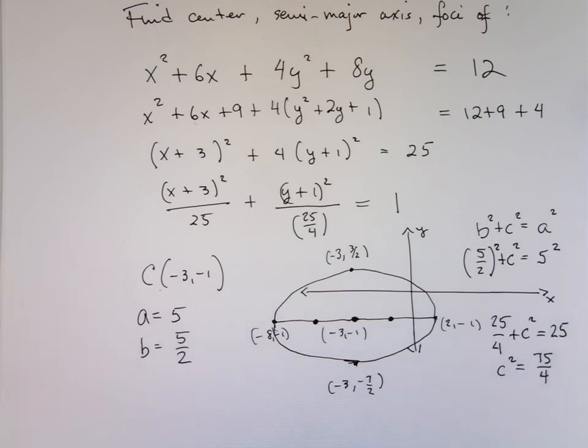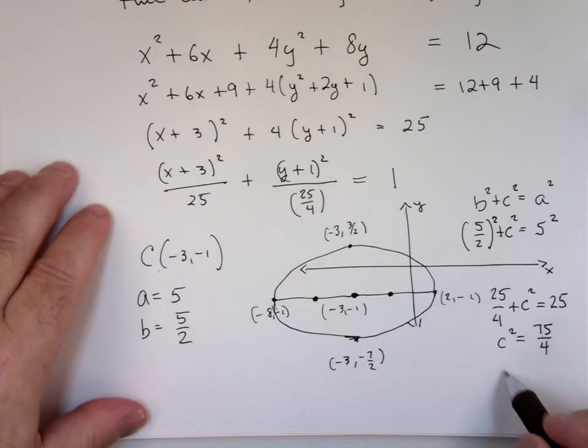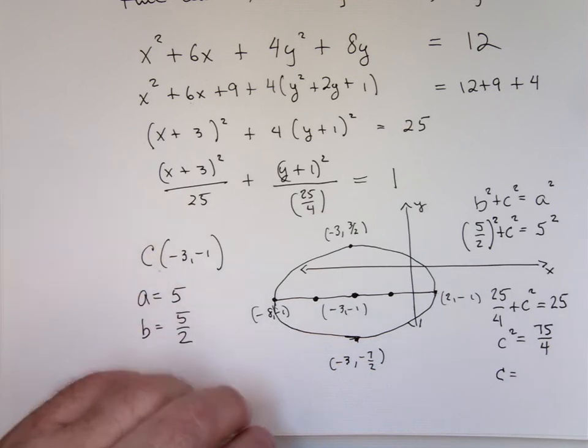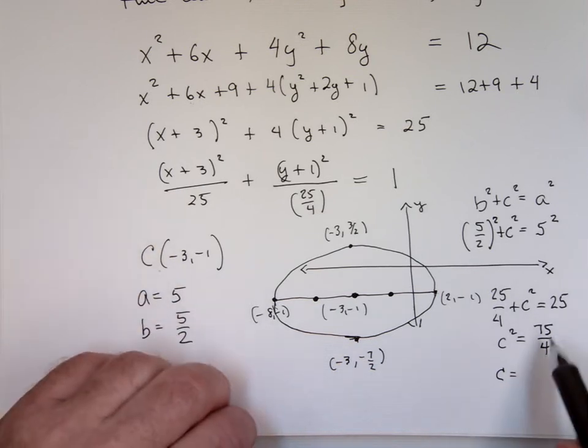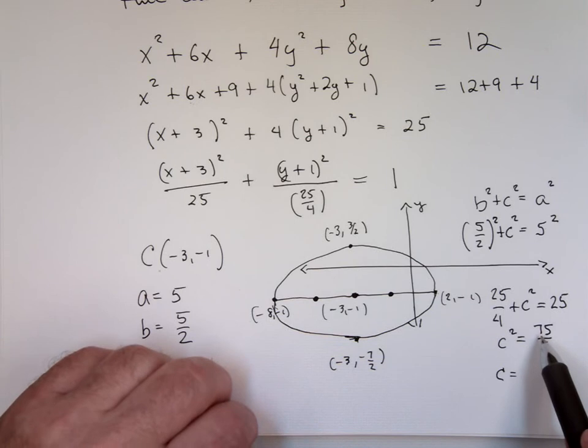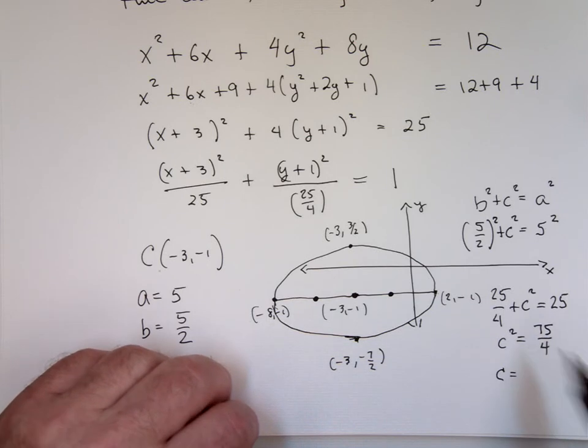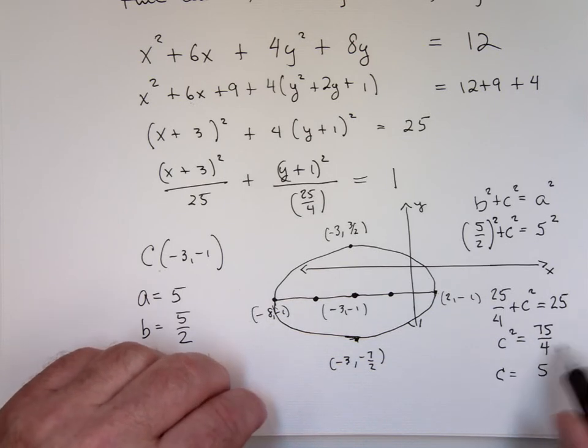Hopefully. So, c is equal to, square root of 75 over 2. Take the square root of 75, okay? 25 times 3, 5 square roots of 3 over 2.